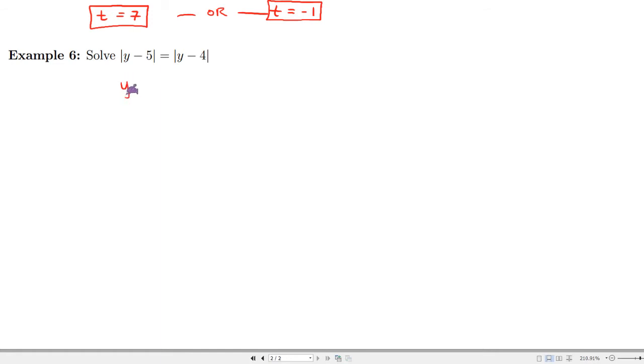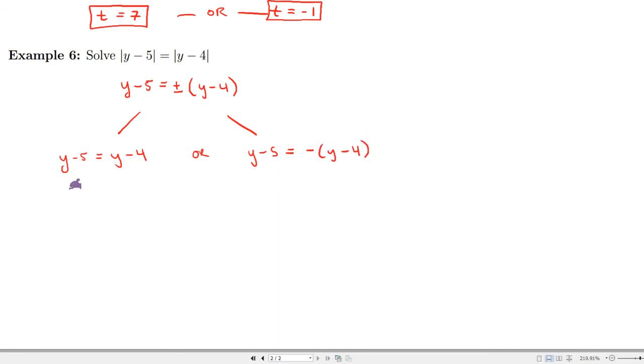We can just immediately go to plus or minus without the absolute values. Okay, so we have two equations at this point. We have y minus 5 is equal to y minus 4, or y minus 5 is equal to minus, and here's where you got to be careful, right? That minus is going to get distributed.